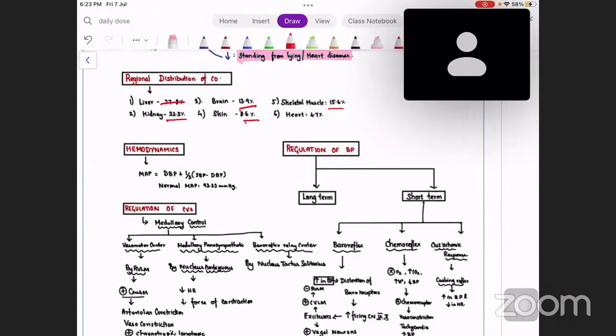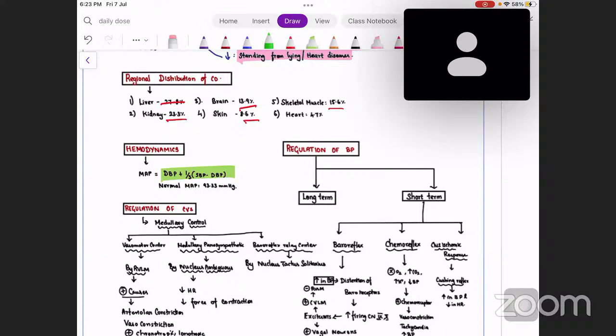Then, how do you calculate the mean arterial pressure? This formula of calculating the mean arterial pressure was asked nearly 5 to 6 times in FMGE, people. You have to remember that. Diastolic blood pressure plus 1/3 of systolic blood pressure minus diastolic blood pressure is the formula we use.